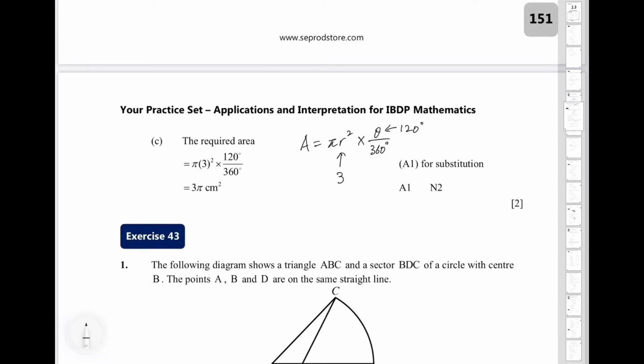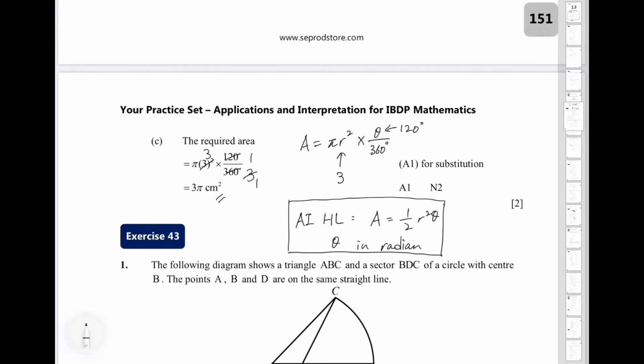So we will have pi times 3 squared times 120 degrees over 360 degrees. Then we simplify the fraction 120 over 360, that will be 1 over 3. And 3 squared is equal to 9. 9 and 3 becomes 3 and 1. So in this situation, the answer will be 3 pi cm squared.